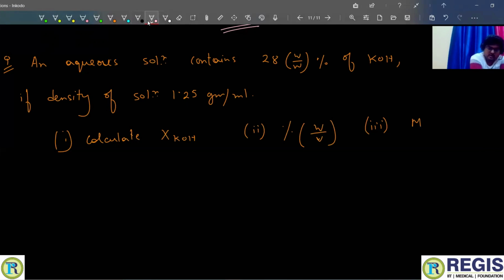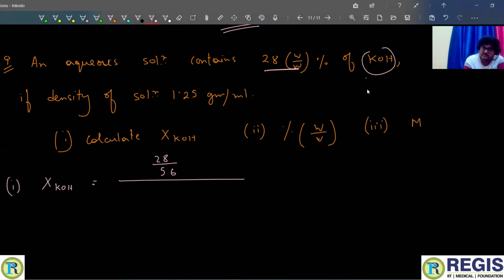Done. Now look, how can you solve? First, you have to solve mole fraction of KOH. 28 weight by weight percent means weight of KOH is given as 28. What is the molar mass of KOH? It is 39 plus 16 plus 1, that means 56. So 28 by 56.